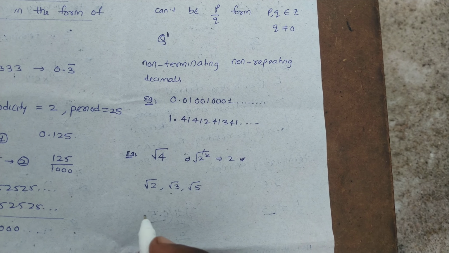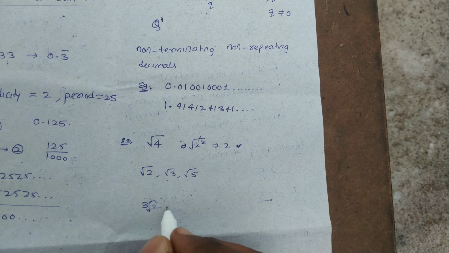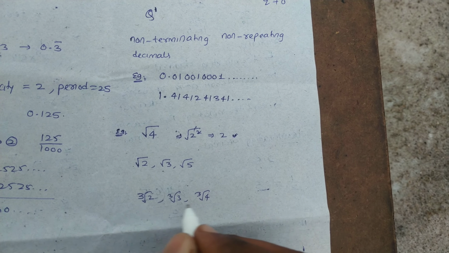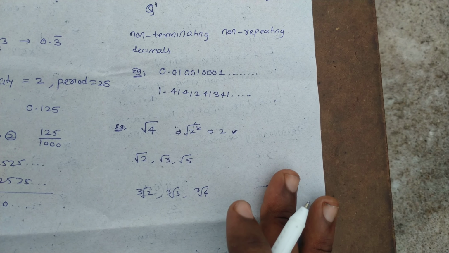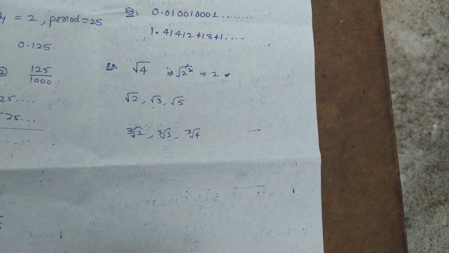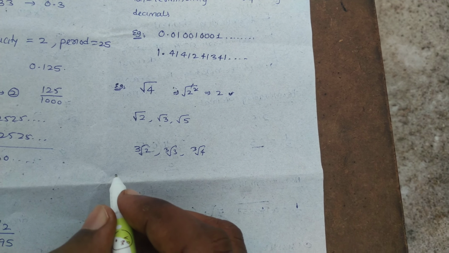In the same manner, you can take perfect cubes also. Cube root of 2, cube root of 3, cube root of 4, all these are irrational numbers only, because they are not cubes of any other number. Clear? So these are the different types of examples of irrational numbers.